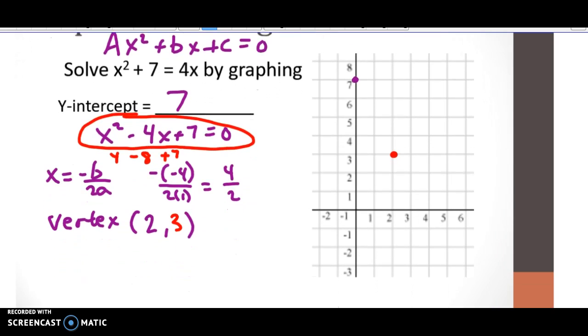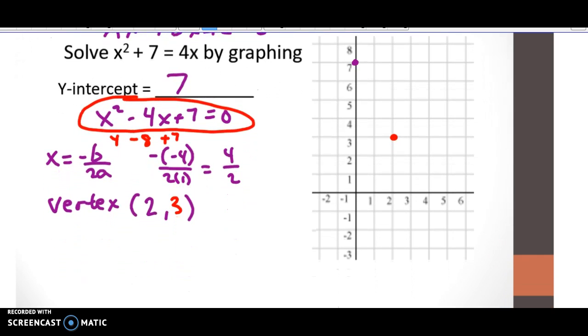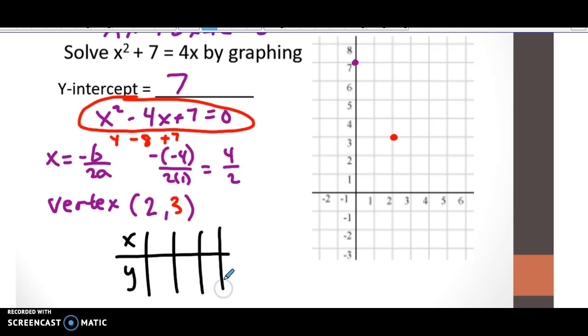I can now make a table to find the rest of my points, but I should expect this parabola to open up because of my positive a value. So I already have a y value for when x is 0.